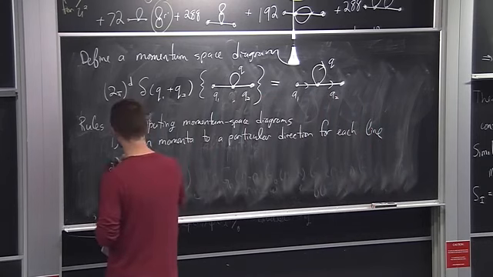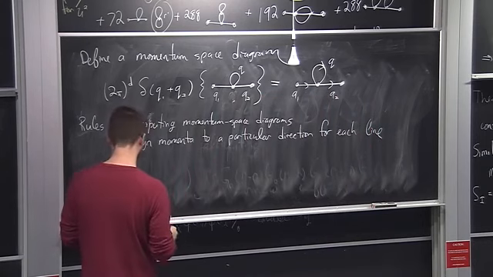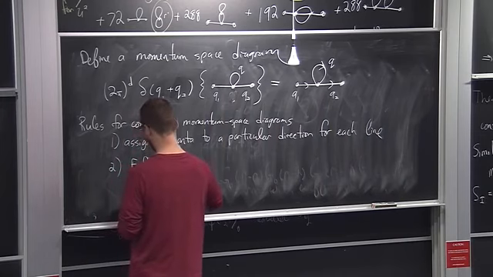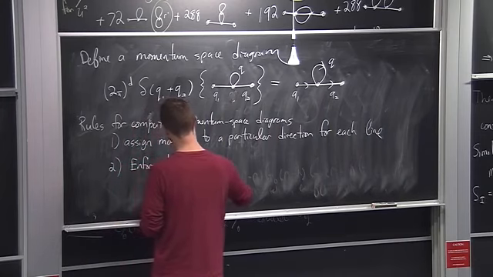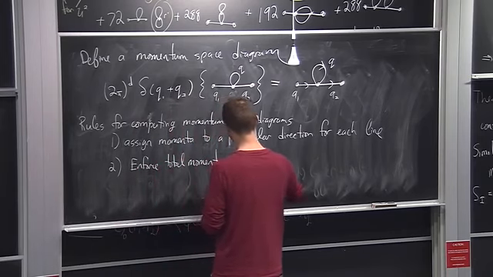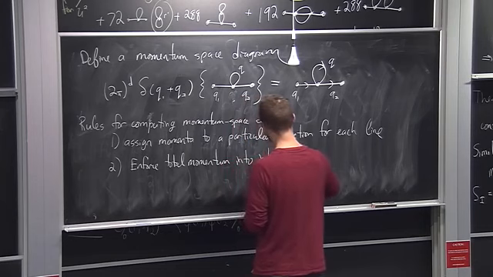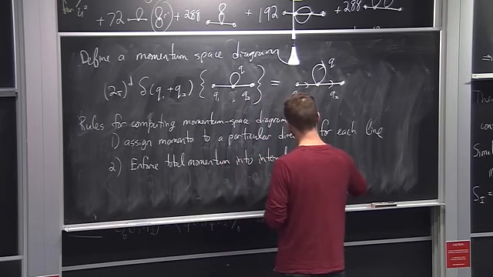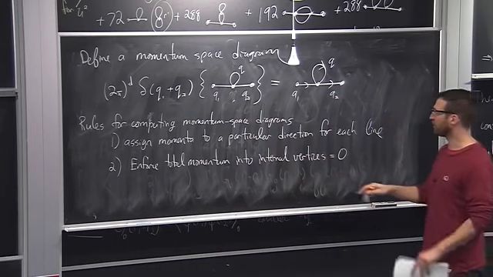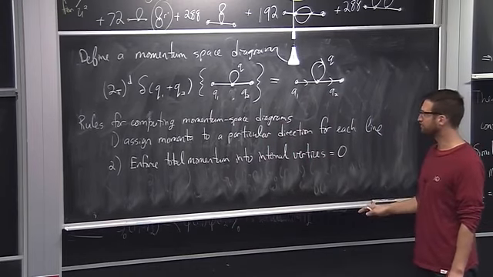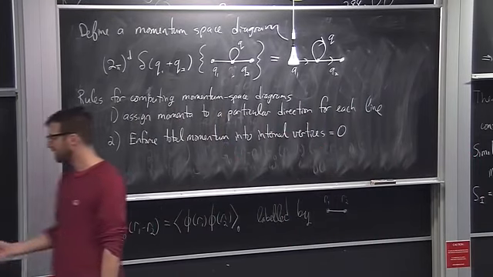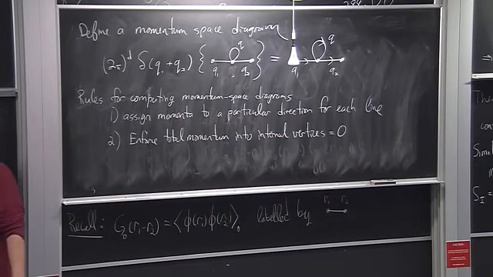So basically, write the diagram down. You draw arrows on every line. Enforce total momentum into internal vertices is 0. And then integrate over all the free momenta. That's this bad boy here.